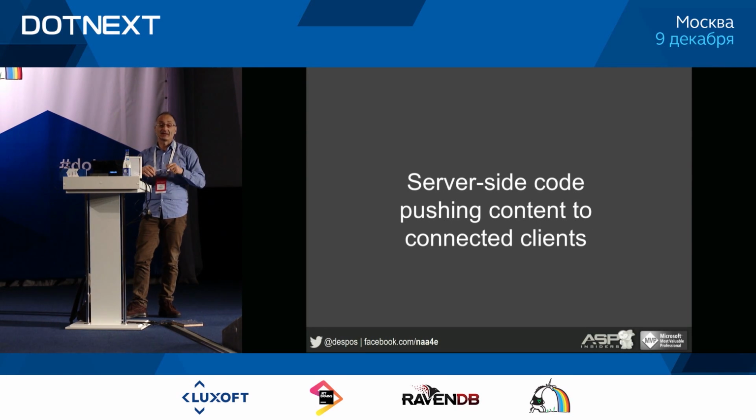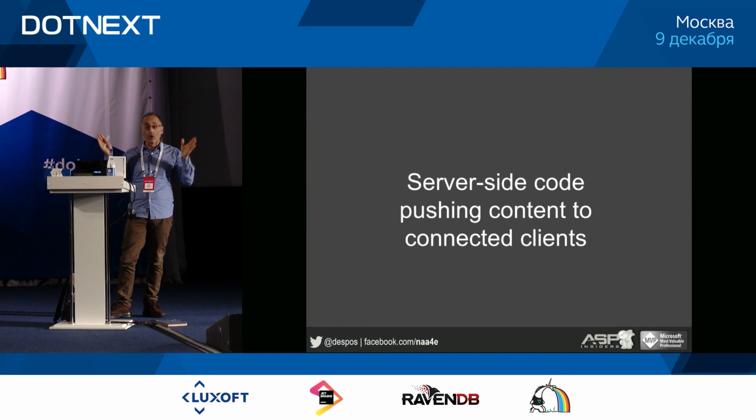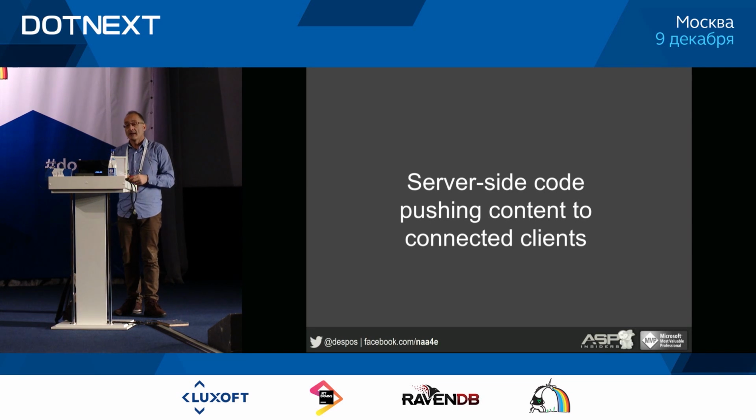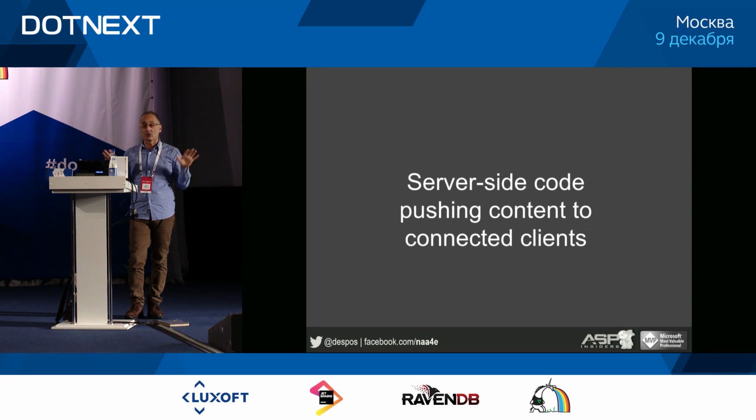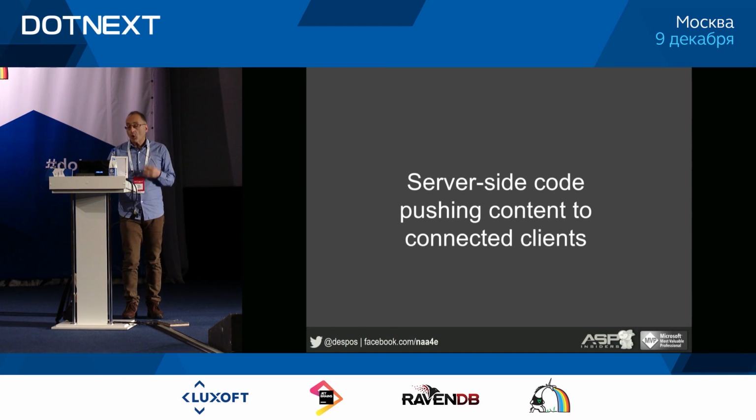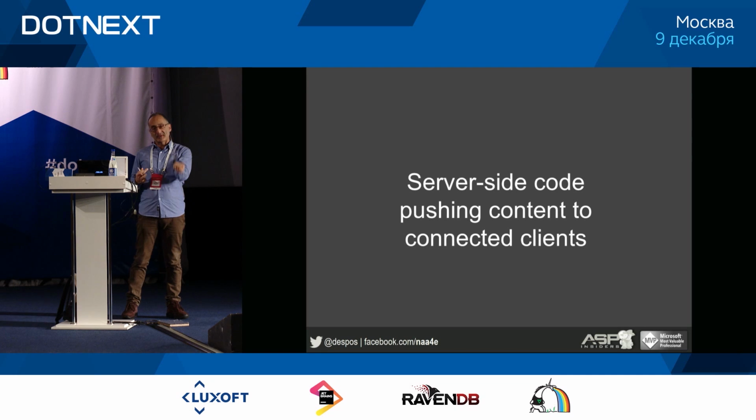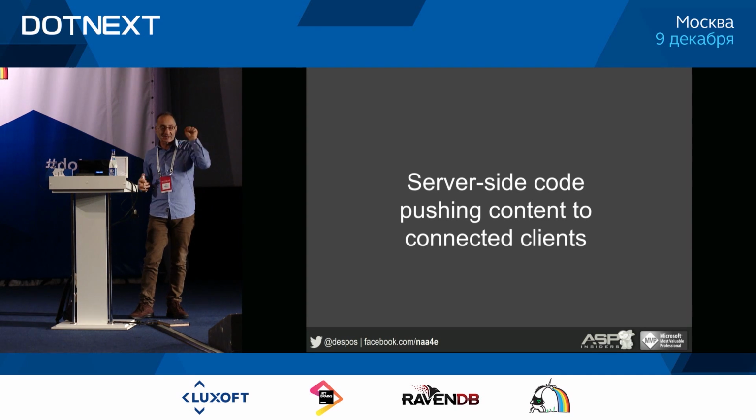You can send content to all connected clients, so you can broadcast. That's the technical term in the jargon of SignalR. You can broadcast content to whatever connected clients you have, or you can programmatically from the server side decide to send content to a specific connected client or a group of connected clients.